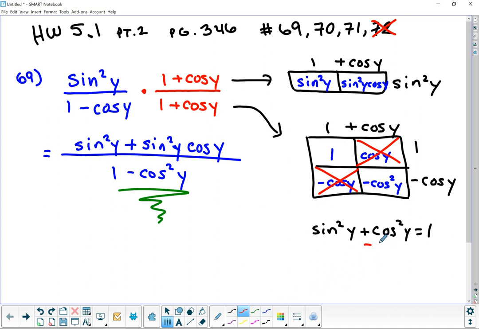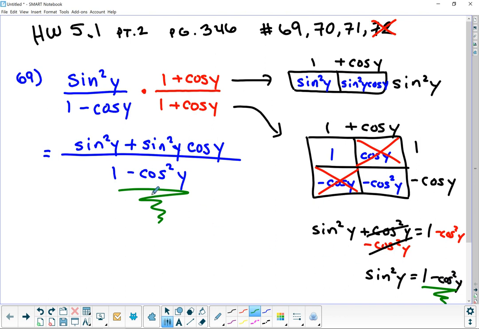So we would have to do a minus cosine squared y and minus cosine squared y. That's going to allow us to get sine squared y equals 1 minus cosine squared y. And that's what we have right there.